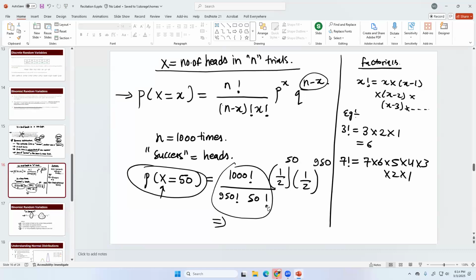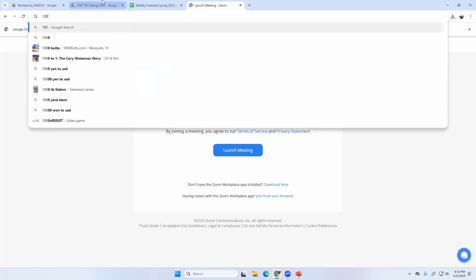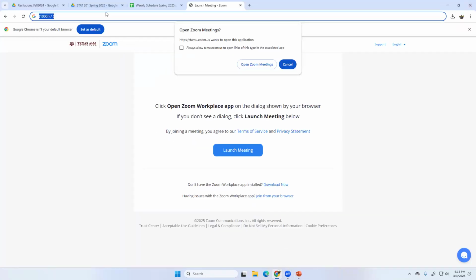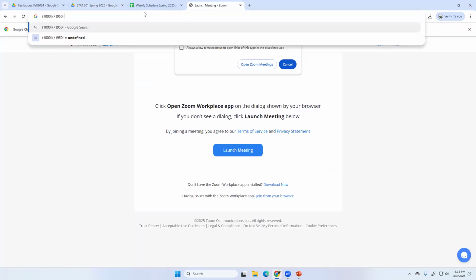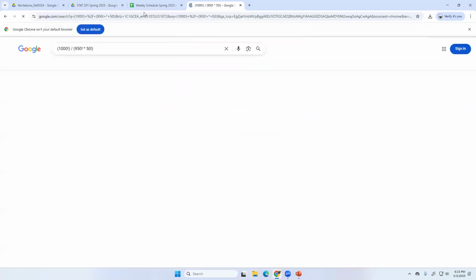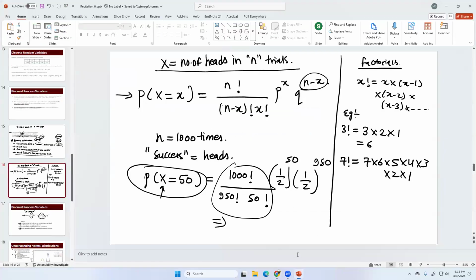Maybe I'm choosing very large numbers. Let me see. If you were to solve this, you would use a calculator. It says undefined. So what am I doing?